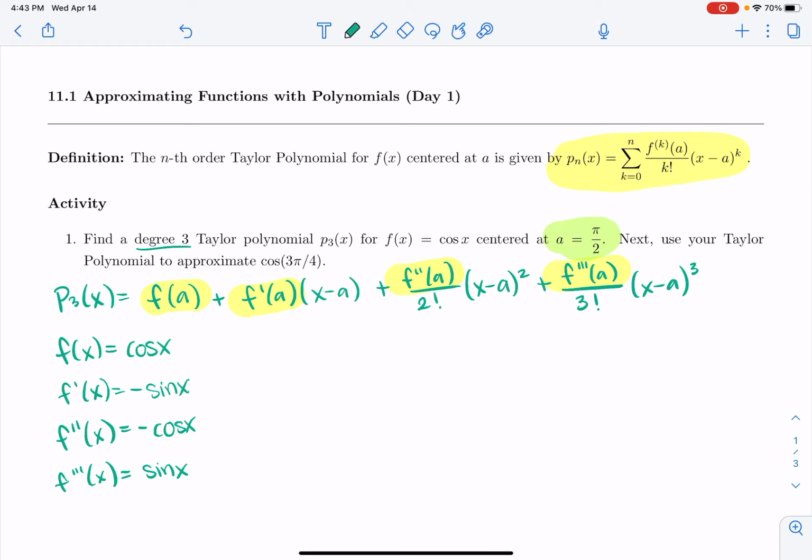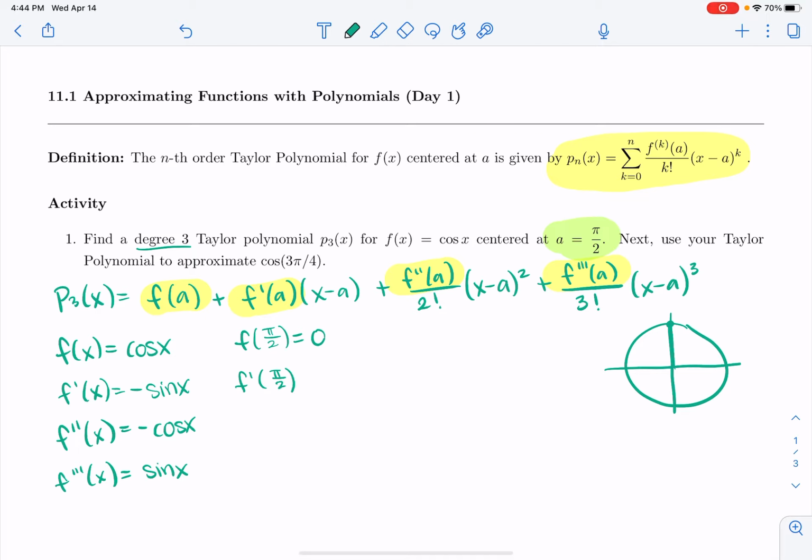is pi over 2. Okay, so f of pi over 2 is equal to cosine of pi over 2, which is 0. We can even picture our unit circle if that would help. Here's the unit circle. Pi over 2 is looking up here, straight up. And the cosine is the x component, so the x component is 0. f prime of pi over 2 is minus sine of pi over 2.